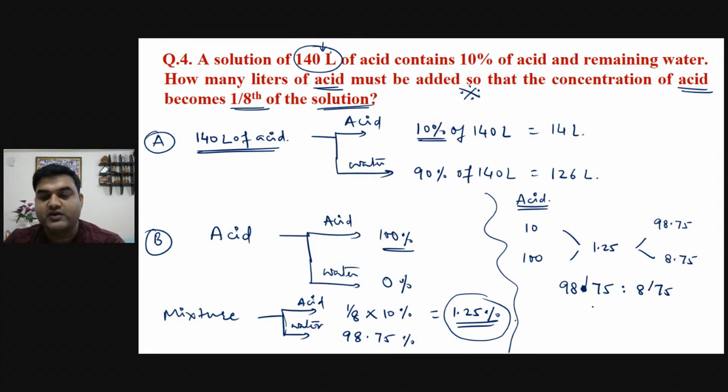This quantity you already know. What is the quantity? This is 140 liters. So what should be this value? If this is equal to 140, then this will be equal to, suppose, x. You do not know it. Cross multiply, you will get the answer. The value of x will be equal to 8.75 into 140 divided by 98.75.